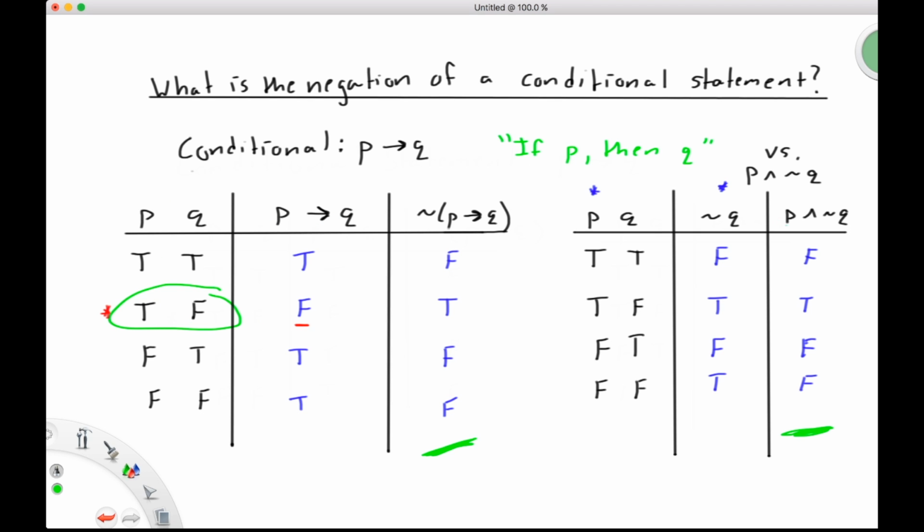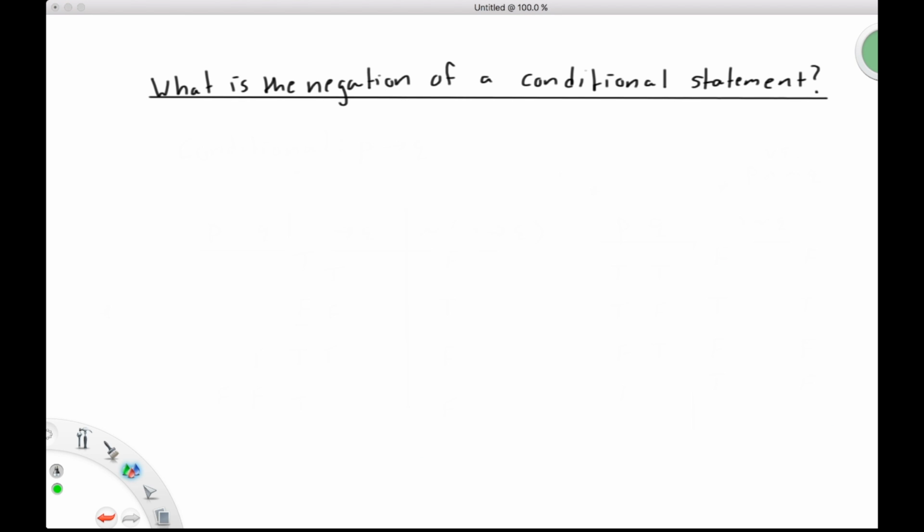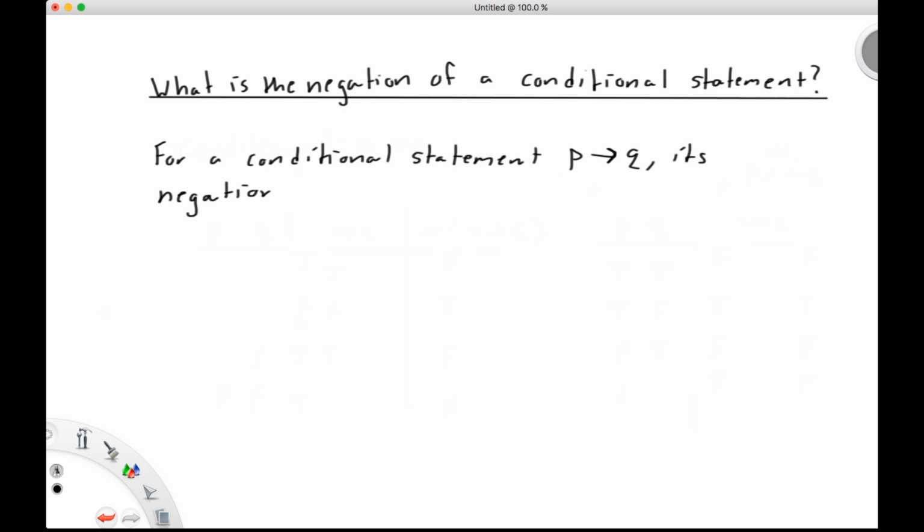When we have P, but we don't have Q. So that's kind of like P and not Q. And so then what we can say in general is that for a conditional statement, P then Q, its negation is P and not Q.